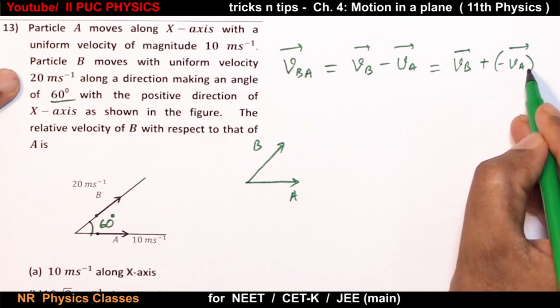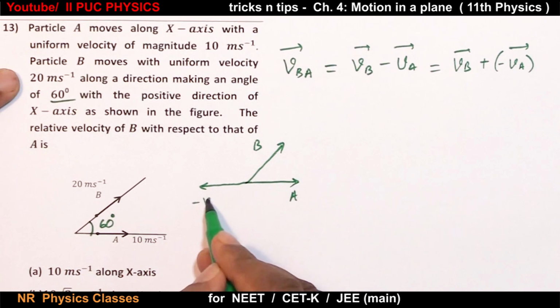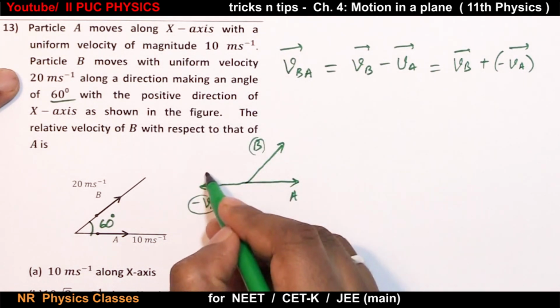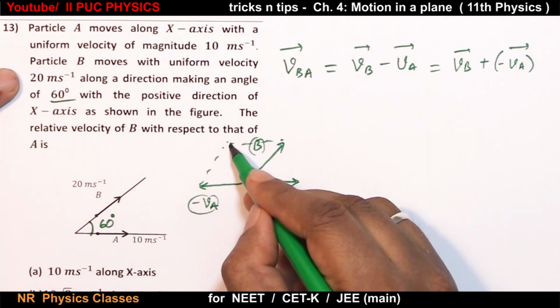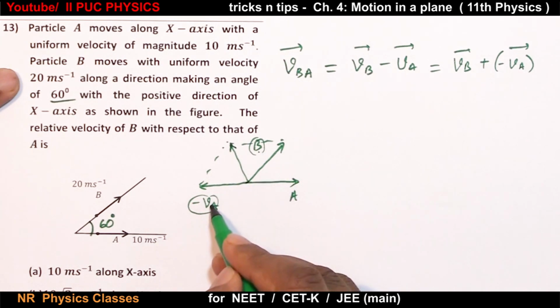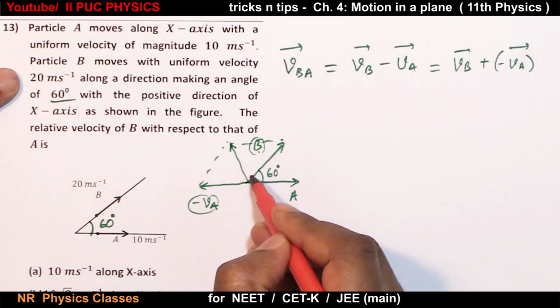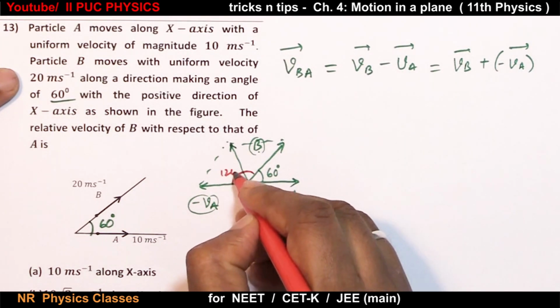This is VA, then this is minus VA. Then the sum of these two means complete the parallelogram and draw the diagonal. So this diagonal represents the sum of these two. If this angle is 60, then the angle between B and minus A is 120 degrees.